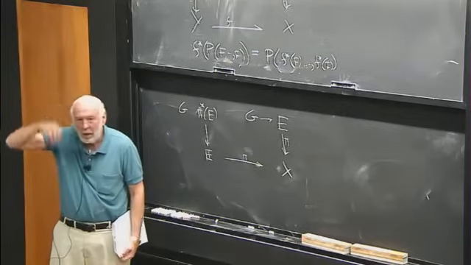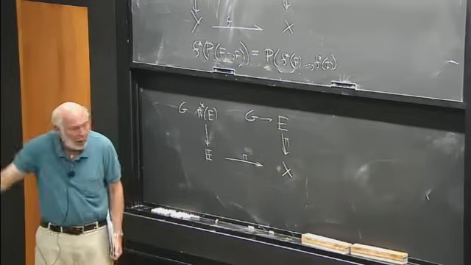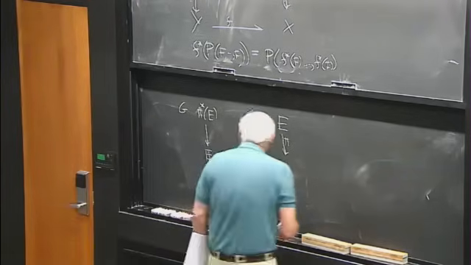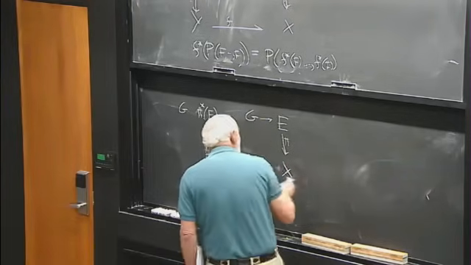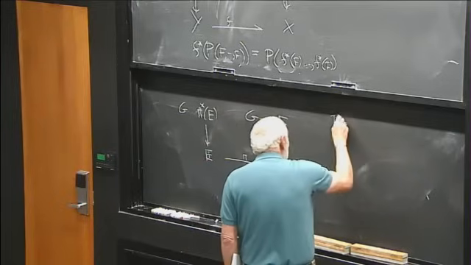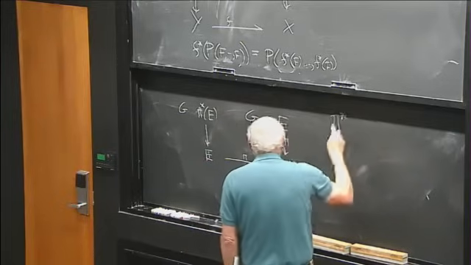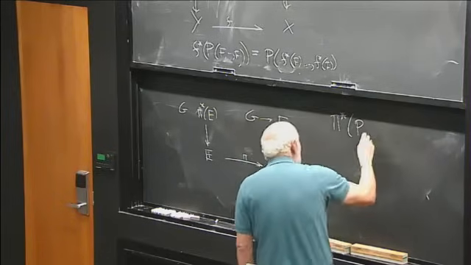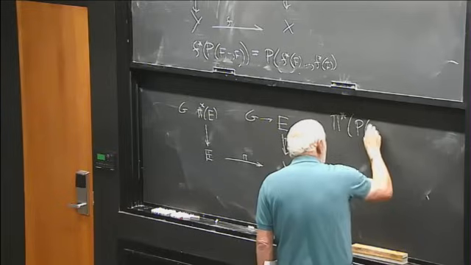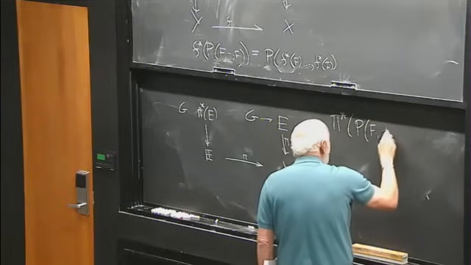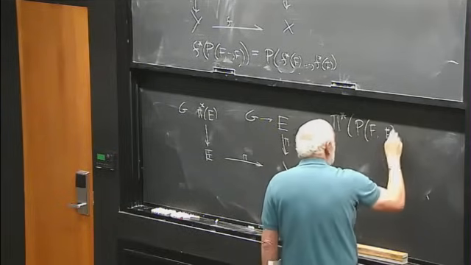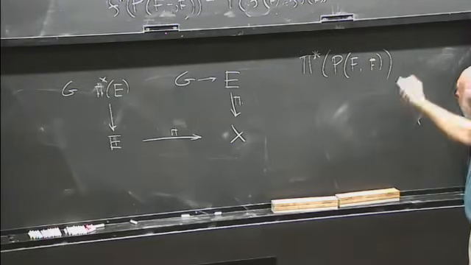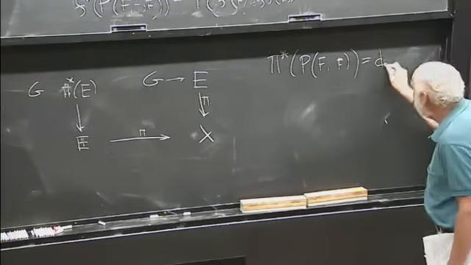trivial bundle. And in particular, that means that when I pull back under pi, if I pull back pi star of one of these characteristic things, P of F, the cohomology class must vanish, and therefore it's exact, equals D of something, okay?